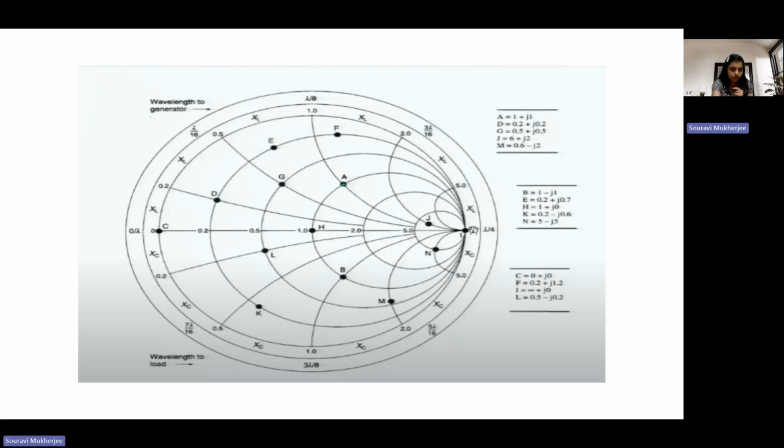Then you have to make use of this scale that is given here. If it is the other way around, if you know the impedance at the generator and you want to find the impedance at the load end, then you have to use the wavelength towards load scale. These are written in terms of wavelength. We'll get an idea about how to use it when we do the examples.